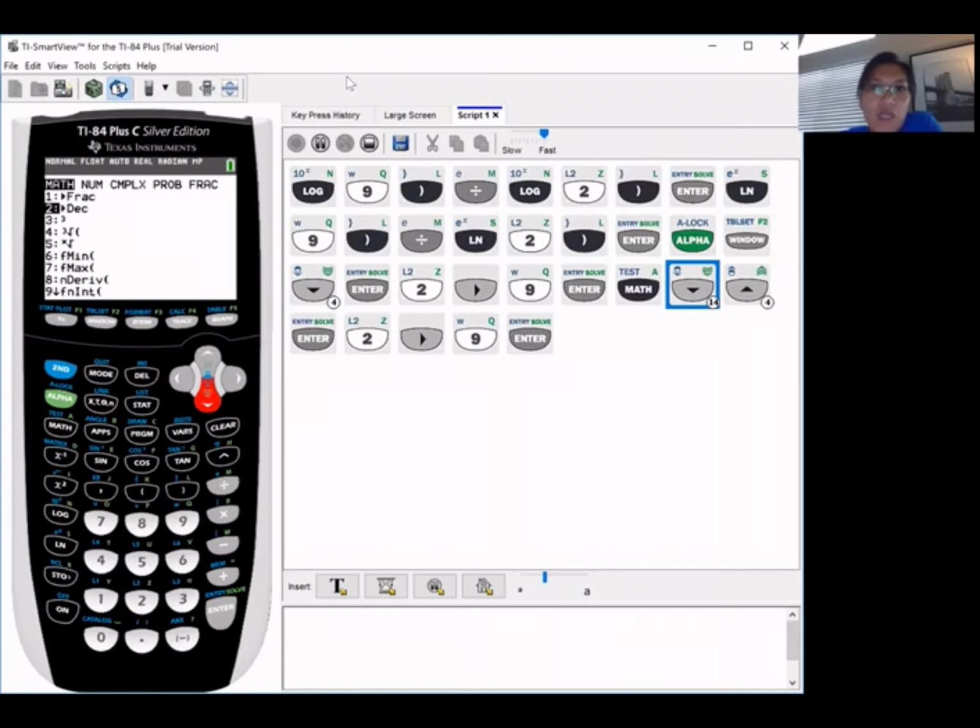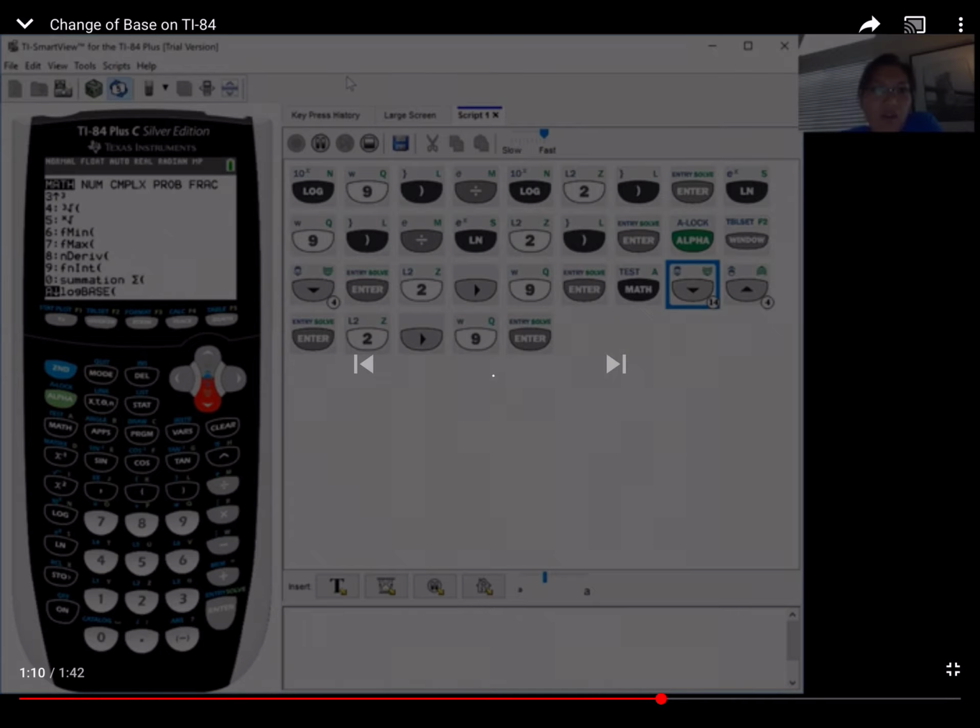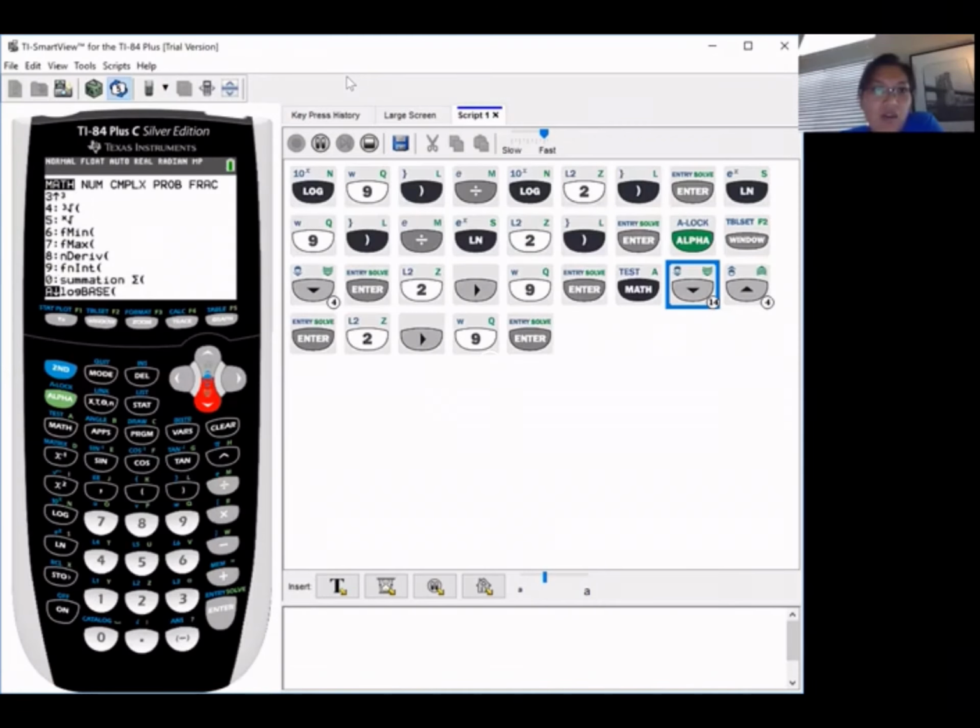The other place you can locate that is under math. As you notice, I scrolled down way too much. But it's letter A under the math tab. So it's under the letter A that you see the log base.